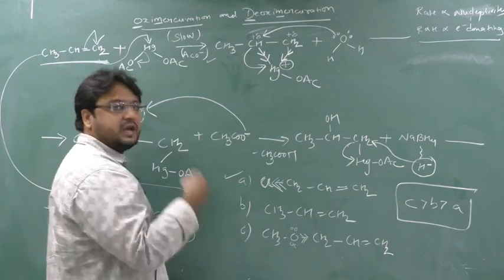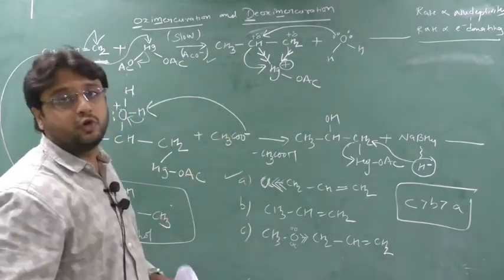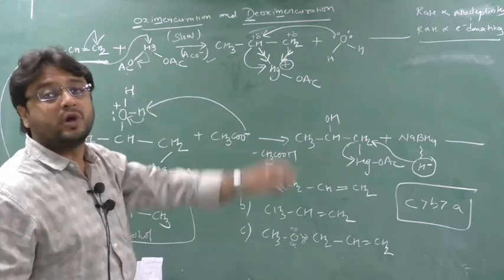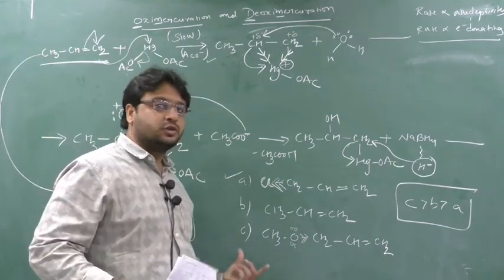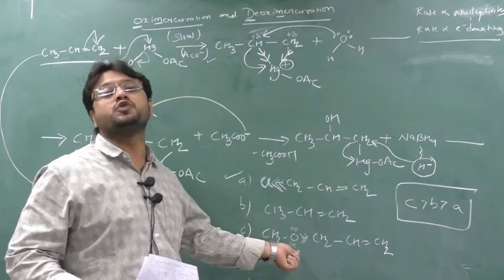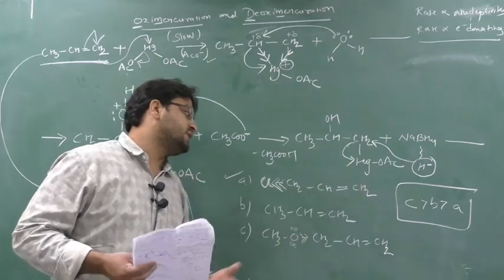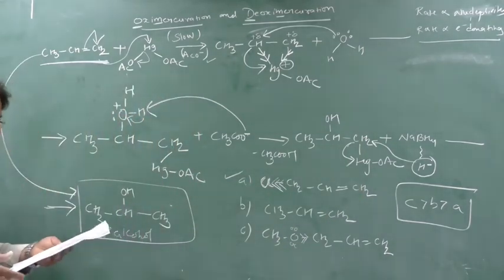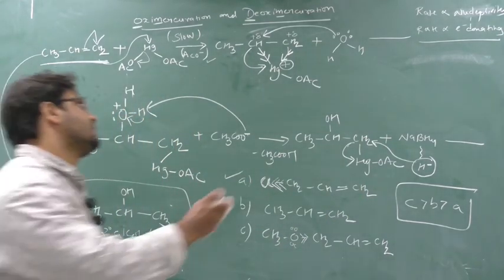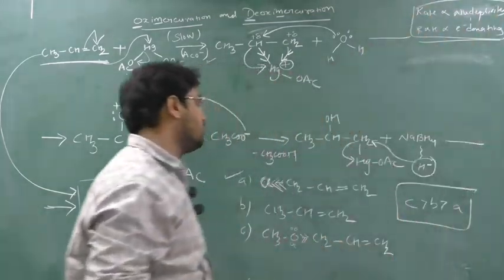So who can perform OMDM easily? This C. This C has a higher rate to perform OMDM due to the electron donating group. So this will show the highest, then B, then A. So the answer will be C greater than B greater than A. In this way we have to do the reaction. Remember this: rate is directly proportional to nucleophilicity and to electron donating ability.